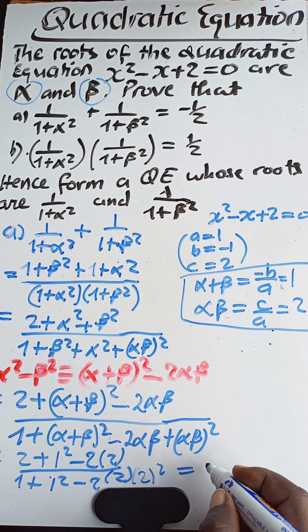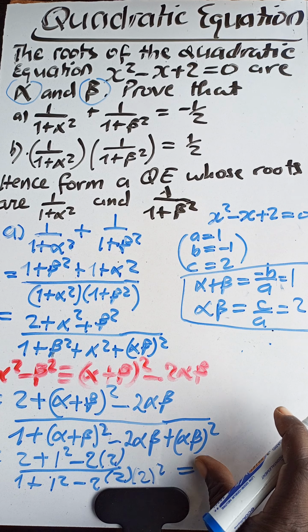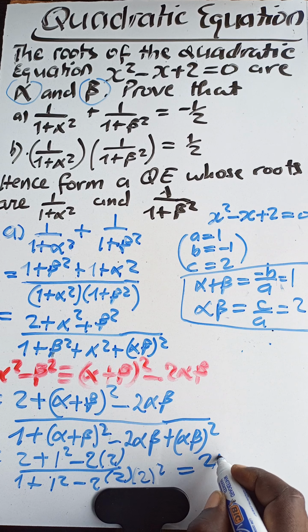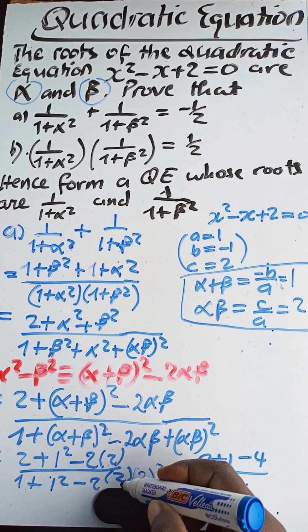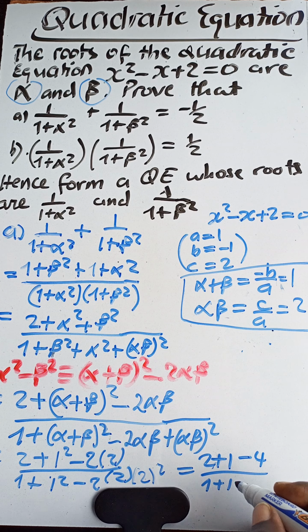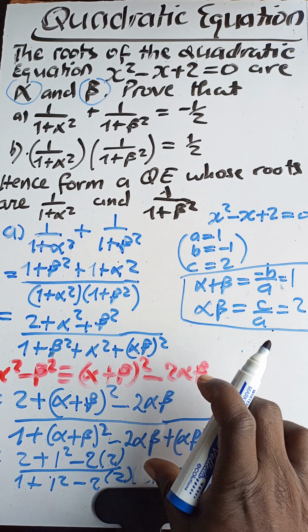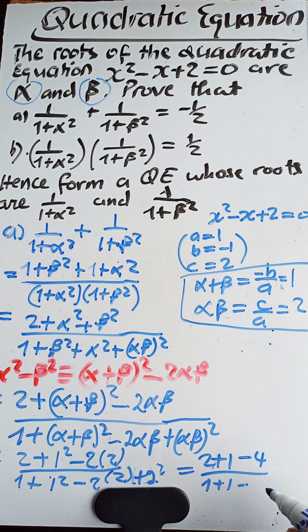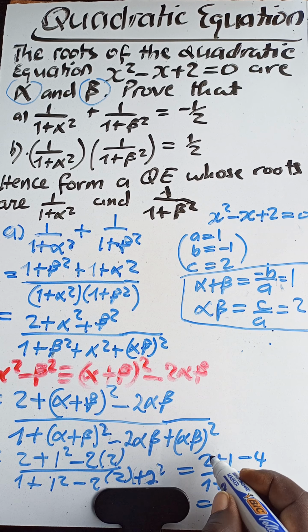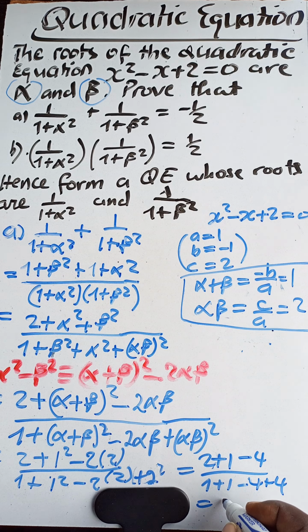And so we will have 2 plus 1 minus 4 all over 1 plus 1 minus, it's a plus here please, plus 2 squared. So we have 1 plus 1 minus 4 plus 4. That gives us 2 plus 1 is 3, 3 minus 4 is negative 1. And down here, negative 4 plus 4 is 0, 1 plus 1 is 2.